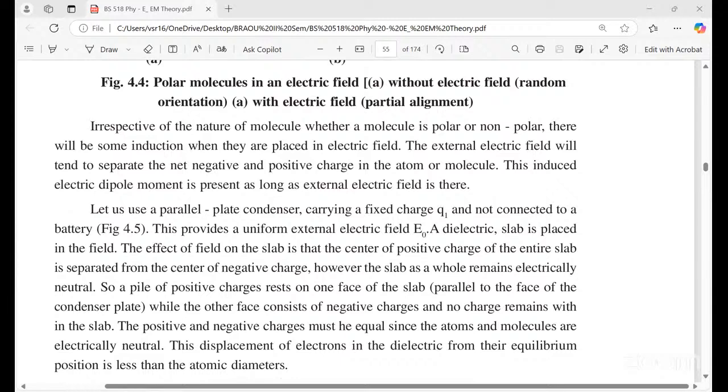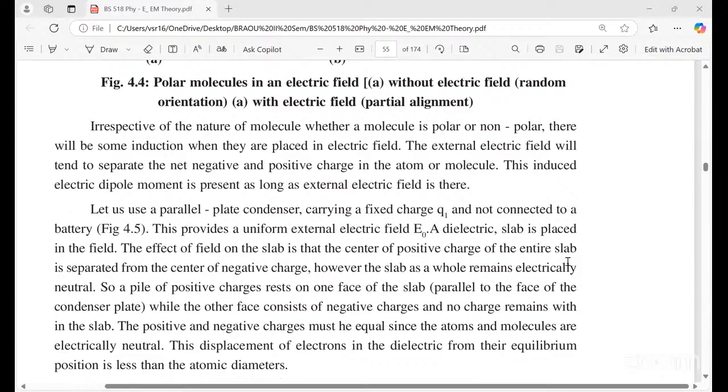So this is very, very important. Here the external field tends to separate the net negative and positive charges in either an atom or molecule. There is an induced electric dipole moment as long as the external electric field is there.